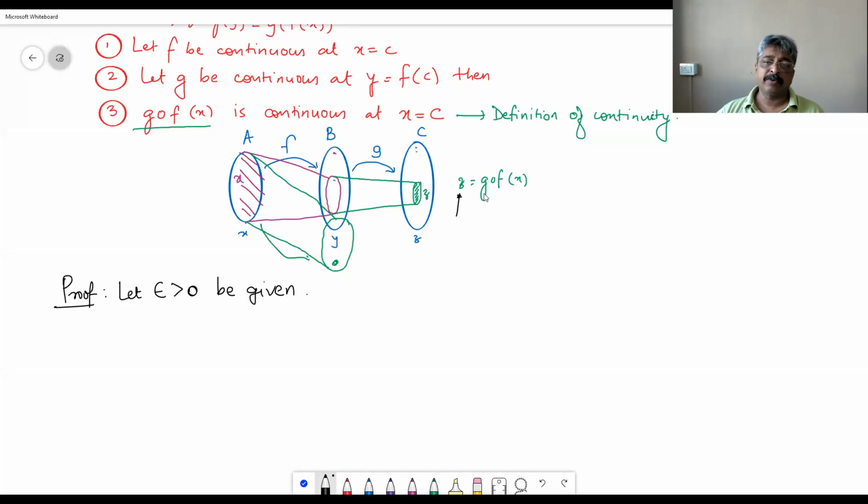So the simplest statement that we can make is for g.